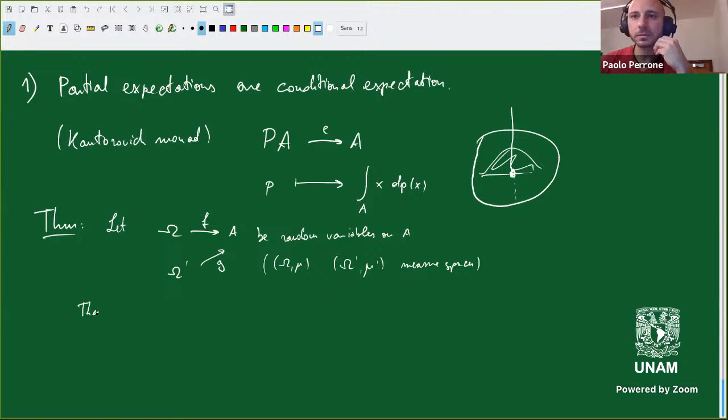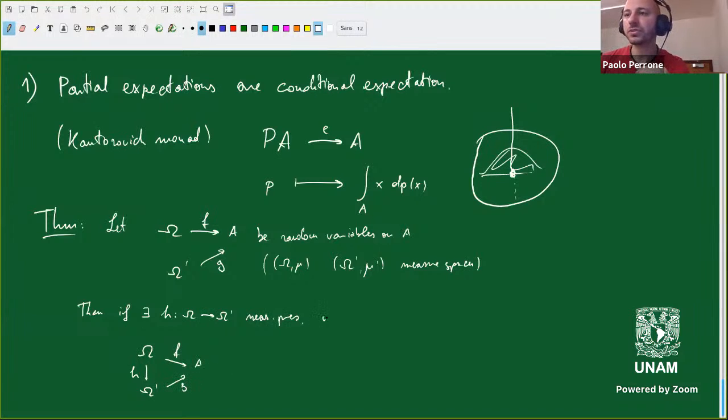Then if there exists a measure preserving map from omega to omega prime, so this is the situation. Now this diagram does not commute, huh? And g is the conditional expectation of f given h. So a measurable map here plays the role of a coarser sigma algebra.